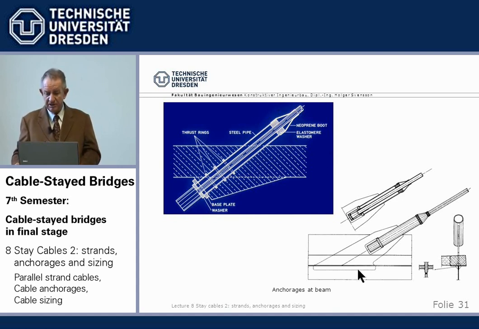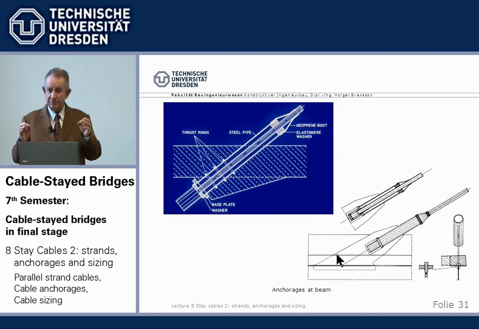Steel normally can be used various ways to transfer the cable force into the web of the beam. Most direct anchorage is if we make a web extension, if we extend the web through the concrete or orthotropic deck, and into this extension we weld again a steel pipe and then anchor the stay cable the same way at the end of the steel pipe as here.